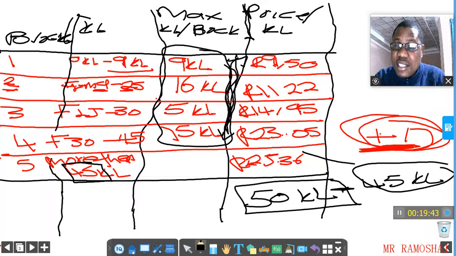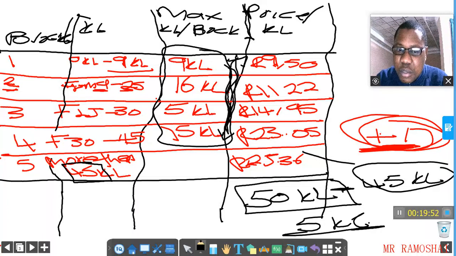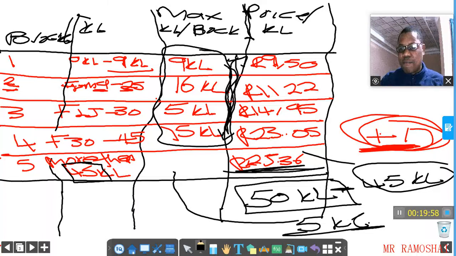It is compulsory to do that. Then how many kiloliters will be left? We will be left with 5 kiloliters. Where will these 5 kiloliters go? They will all be charged at 25 rand 36 cent. I think that makes sense.